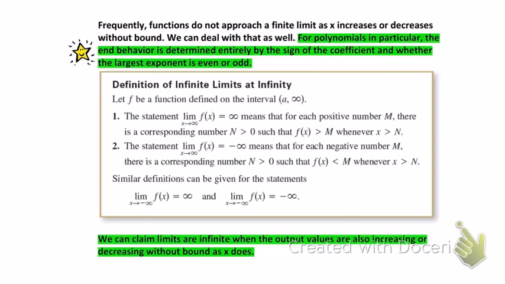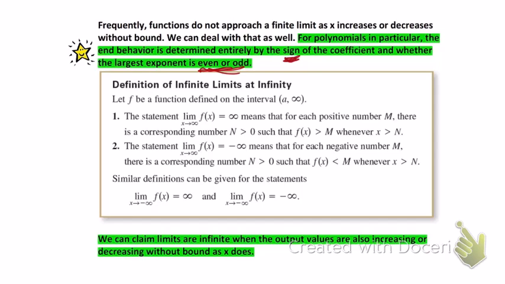The highlight says, especially for polynomials, that end behavior is determined by two things: the sign of the coefficient and whether we're talking about an even or odd exponent. As we're looking at these infinite limits at infinity, that means our function is either going to positive infinity or negative infinity.